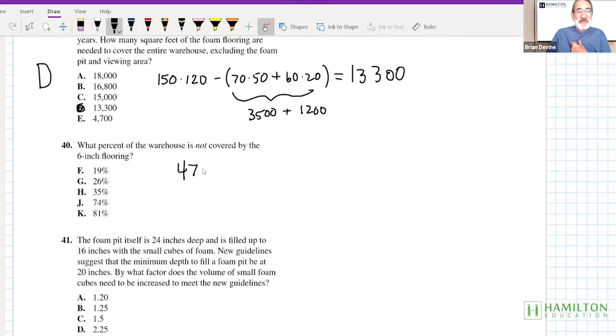So 4,700 of the entire floor, 150 times 120, would be 18,000. And that comes out on a calculator to be 0.261-ish. So about 26%, which is G.